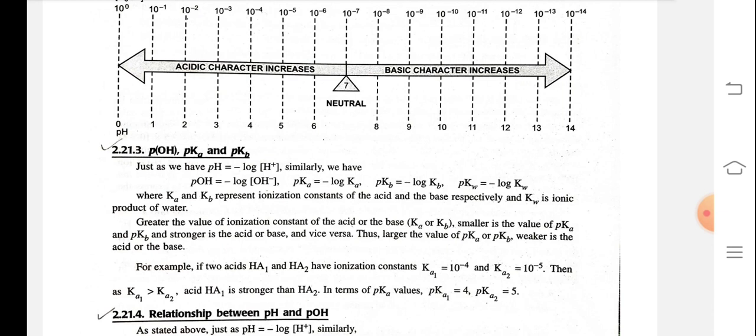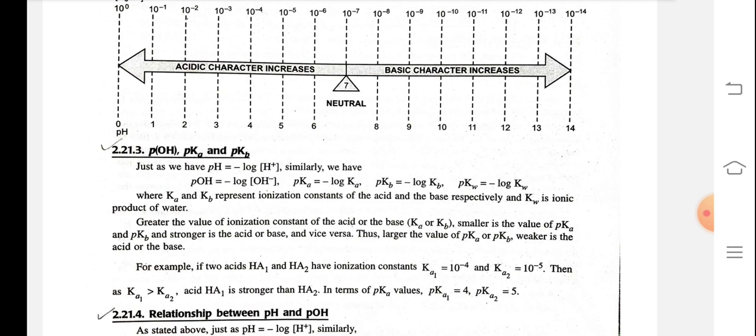The greater the value of the ionization constant of the acid or the base, Ka or Kb, the smaller is the value of pKa and pKb, and stronger is the acid or the base, and vice versa. Thus, the larger the value of pKa or pKb, the weaker is the acid or the base.